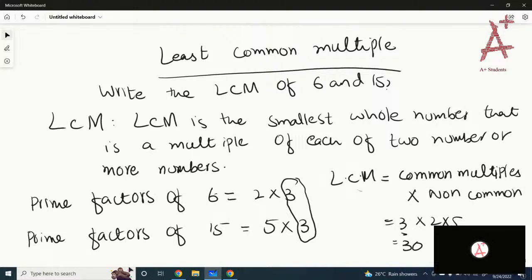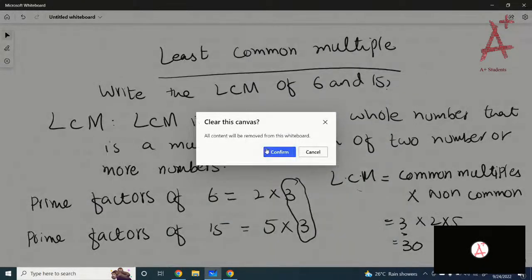Okay, let's start with another example. Write the LCM of 8 and 15. Do not confuse LCM and GCF, there is a bit of difference between them. For GCF, you just write the common factors, and for LCM, you multiply the common and the non-common factors as well. Got it?